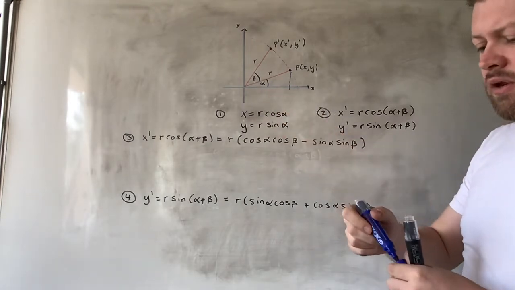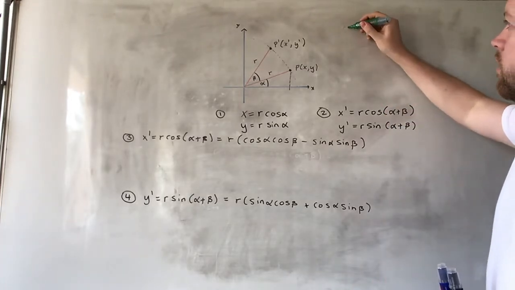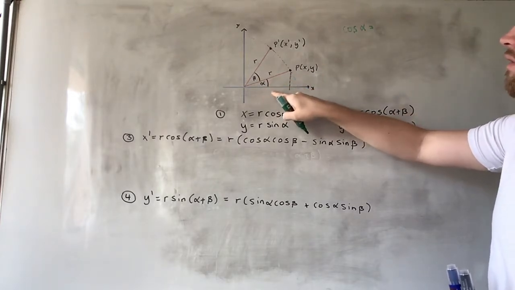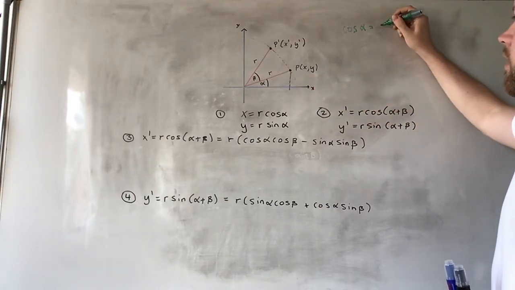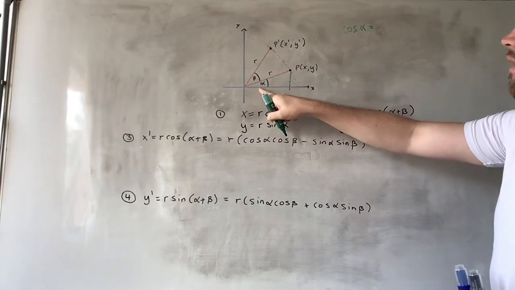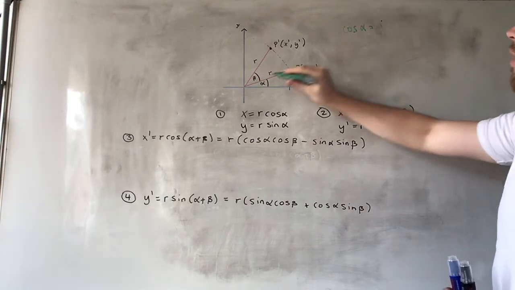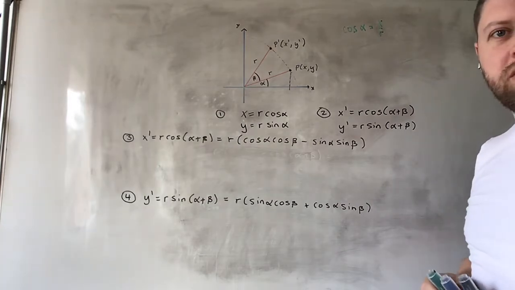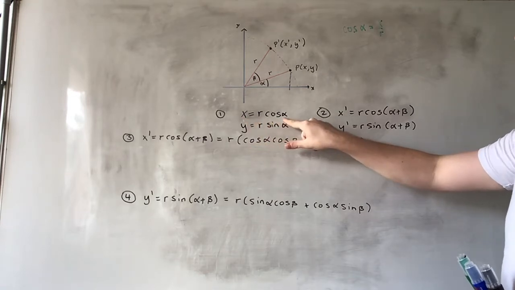Okay, and because we know that the cosine of alpha is the adjacent side over the hypotenuse, then we have that the cosine of alpha is this side here, which is x, over the hypotenuse, which is r. Okay, so the cosine of alpha is x over r, and you can rearrange that to get this formula here.